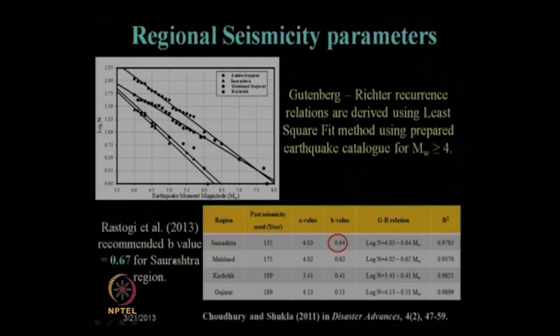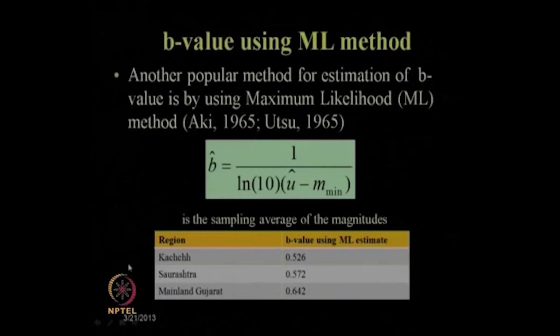For the Saurashtra region, they proposed a b value of 0.67. Then another method to obtain the b value is the maximum likelihood method, as proposed by Aki in 1965 and Utsu in 1965. The corresponding b values using this maximum likelihood method for Kutch, Saurashtra and mainland Gujarat regions are reported over here.